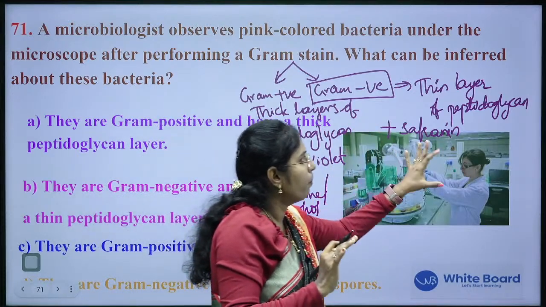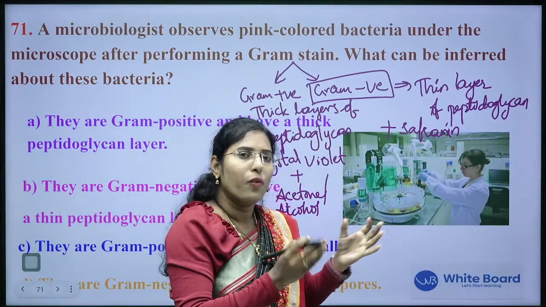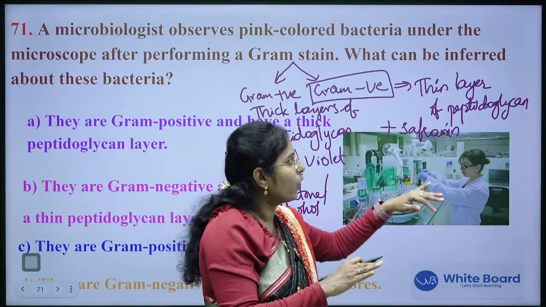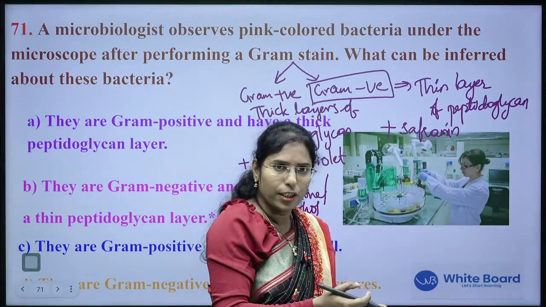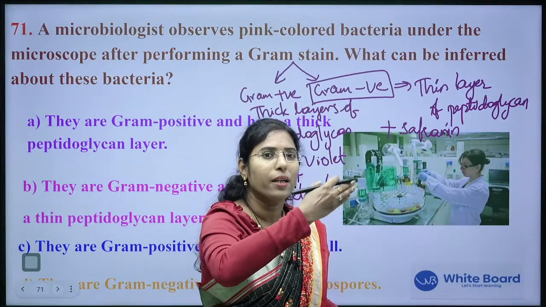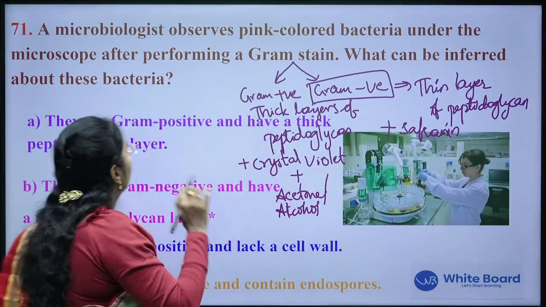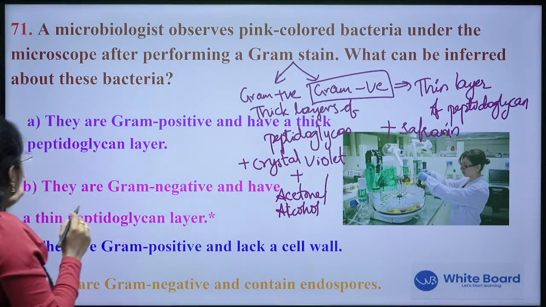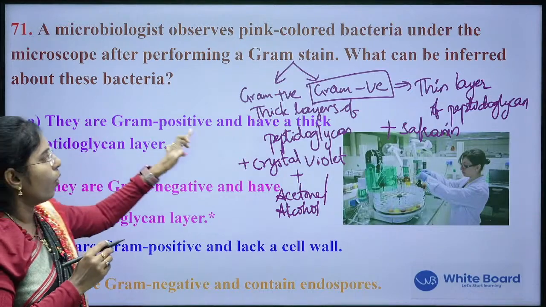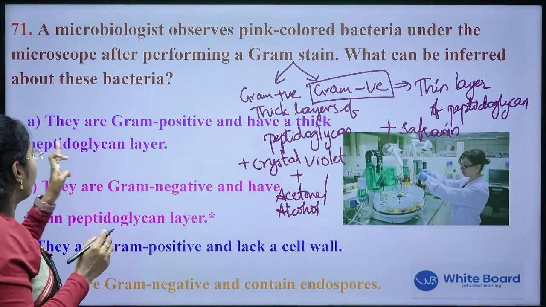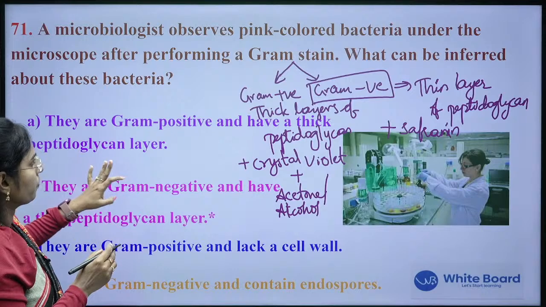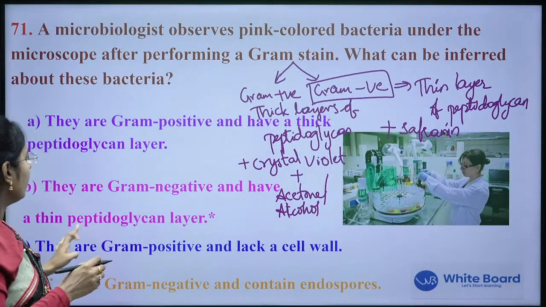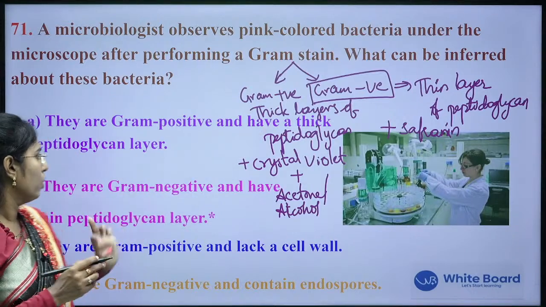But if it is a gram negative bacteria, when we add crystal violet it will not hold any stain, and later when you add safranin, it will impart a pink color to the bacteria. So here they have given options. The first option is they are gram positive and have a thick peptidoglycan layer. The other is they are gram negative and have a thin peptidoglycan layer. So this is the one.